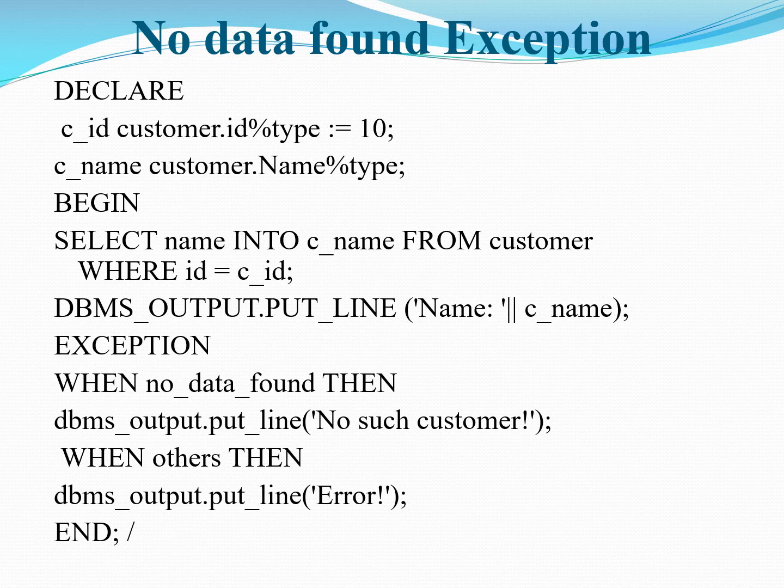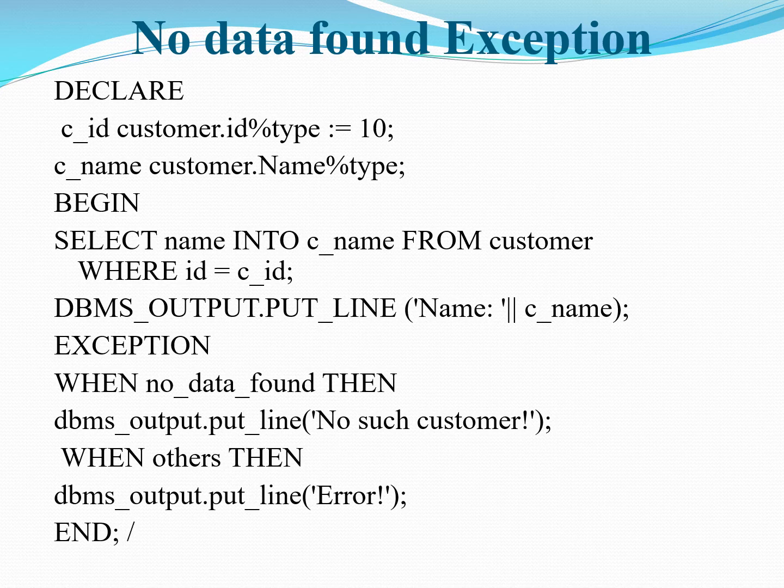So we have written exception handling code here: exception when no data found, then dbms_output.put_line 'No such customer'. So this is a predefined exception, no data found. This statement will be printed whenever we don't find that customer in our table, right?